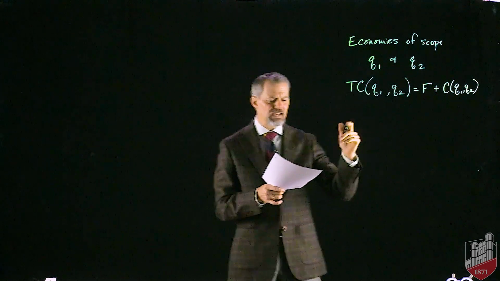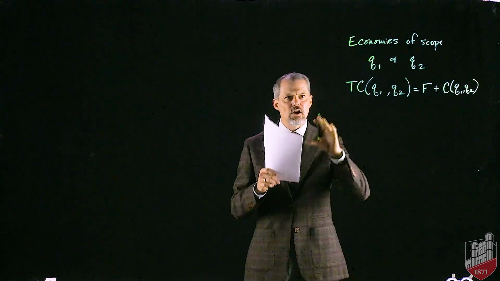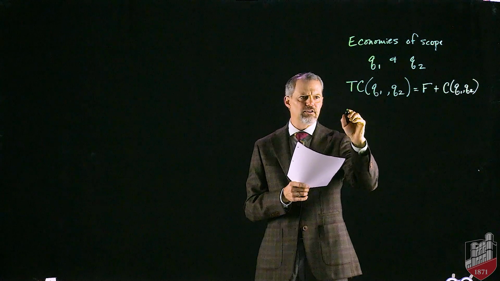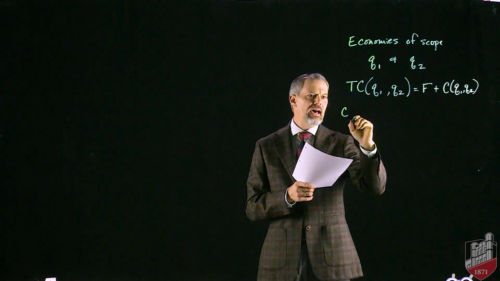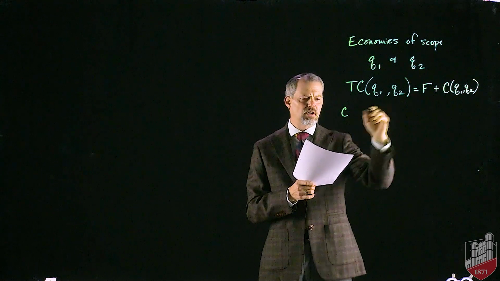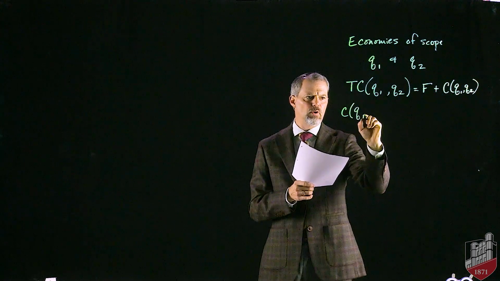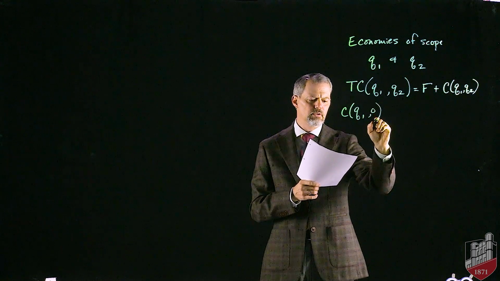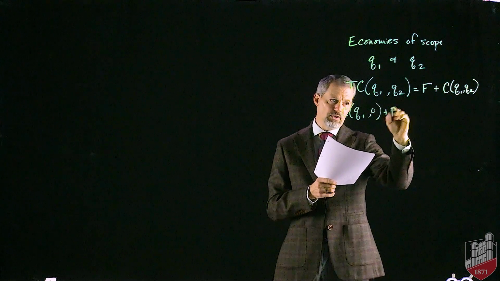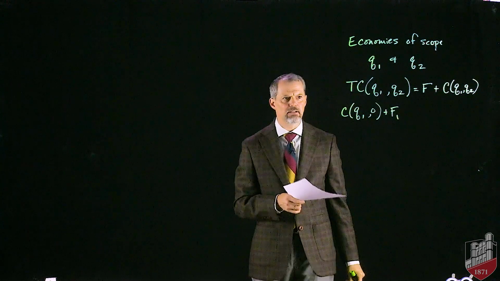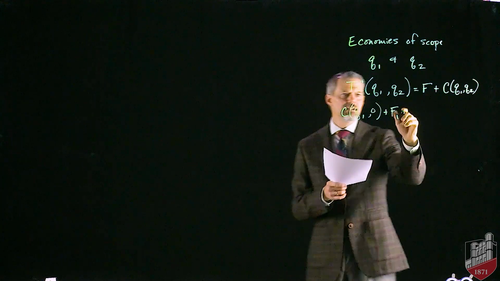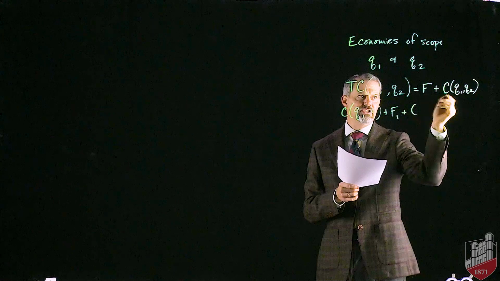So let's write the cost of producing them separately first. If we had the variable cost of producing just Q1 by itself, no Q2, plus we're going to incur a fixed cost associated with that, and then add to that the cost of producing just Q2.